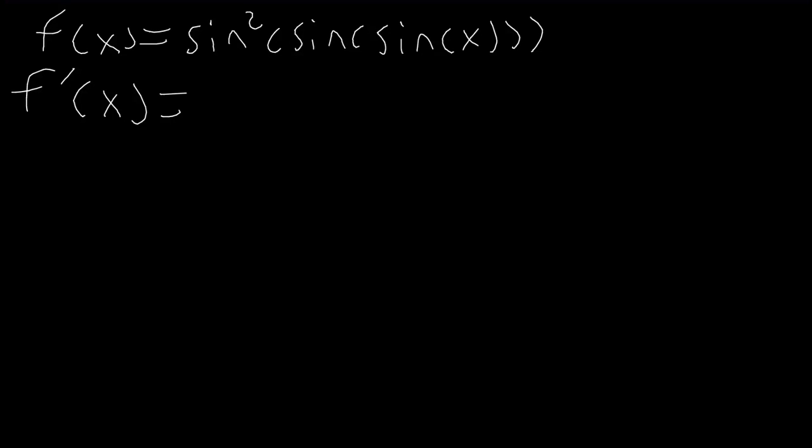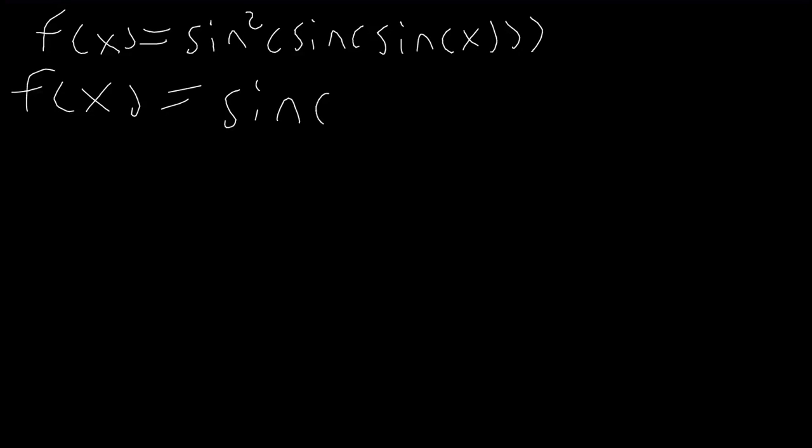So like we did in the secant example earlier, let's move this outside so it's easier to see what we're working with. So it's going to be sine of sine, or sorry, this is not what f prime of x equals. This is a simplified version of f of x.